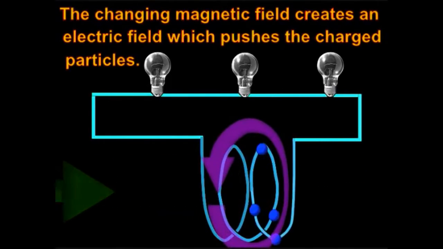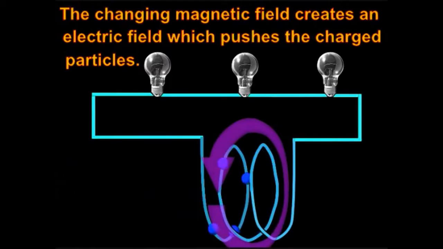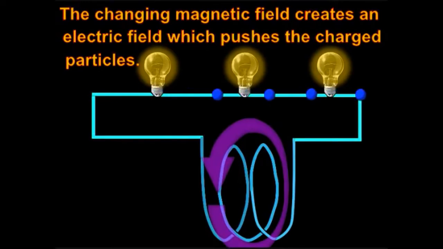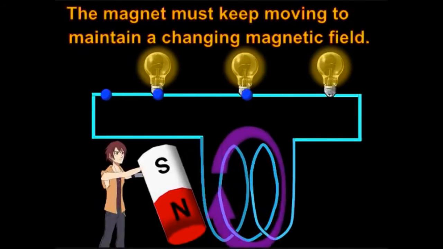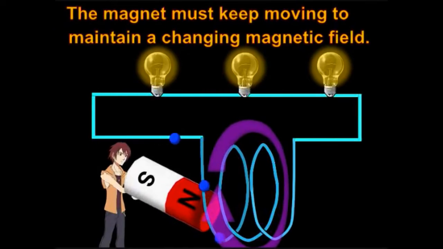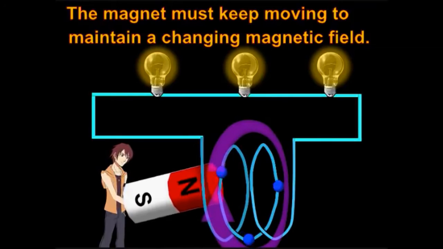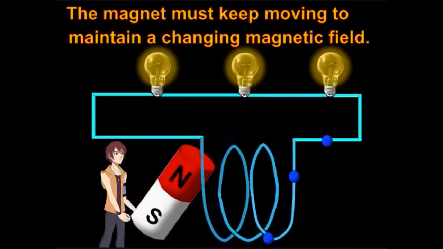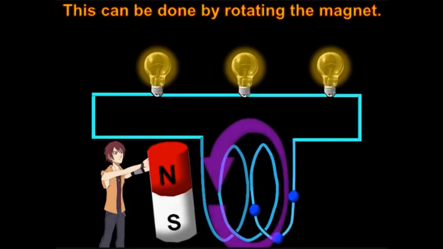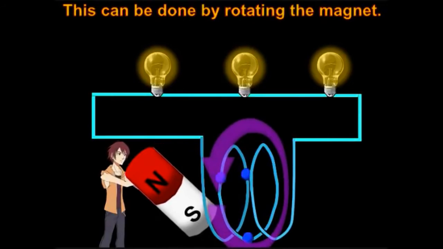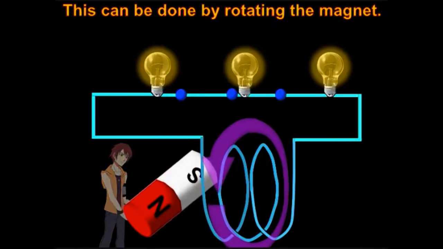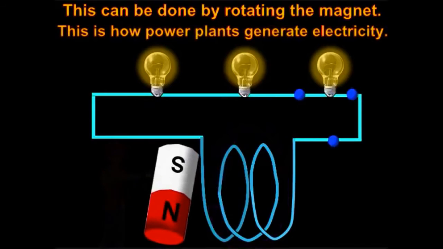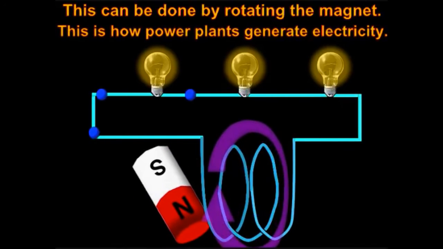The changing magnetic field creates an electric field which pushes the charged particles. The magnet must keep moving to maintain a changing magnetic field. This can be done by rotating the magnet. This is how power plants generate electricity.